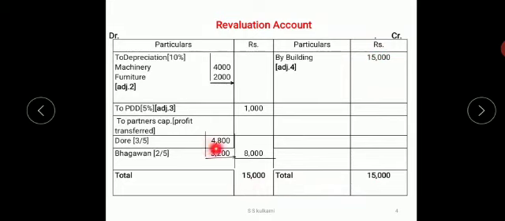Then you will have the profit or loss between the partners. To know the revaluation profit, compare the debit side with the credit side.